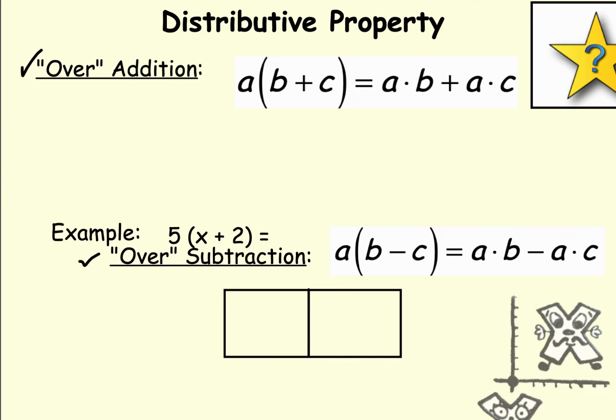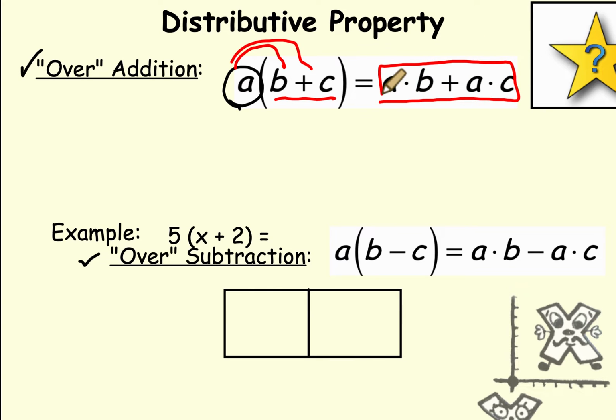Algebraically, what the distributive property says is that anytime we have a factor, I'm going to call it A, times an expression with two or more terms, that factor has to be multiplied by each of the terms in that expression. So we get something that looks like this as a result.